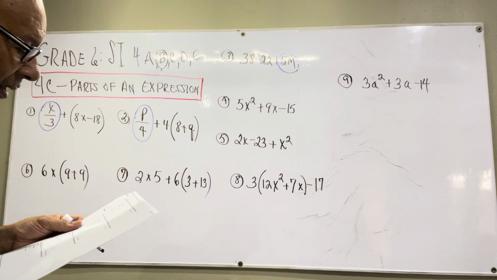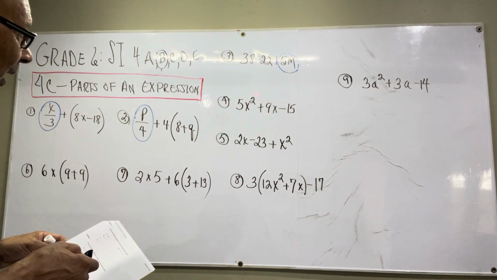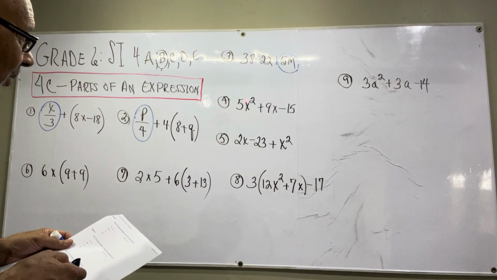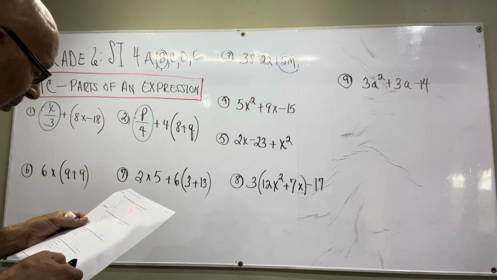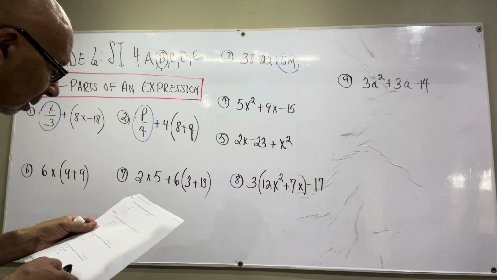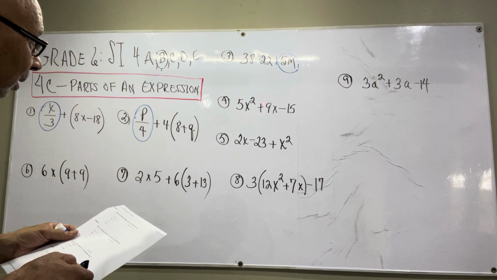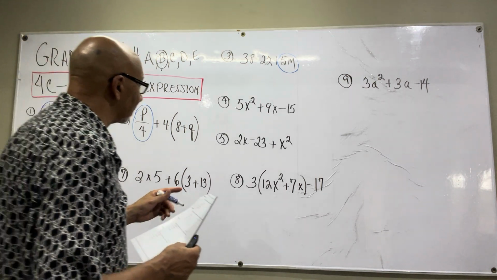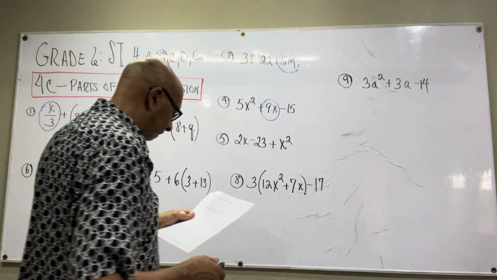So our answers are 9x, x squared, x, and 5. Is 9x a term? Or is x squared by itself a term? Or is 5 a term? No, the only one that's a term is 9x. That's the 2nd term.